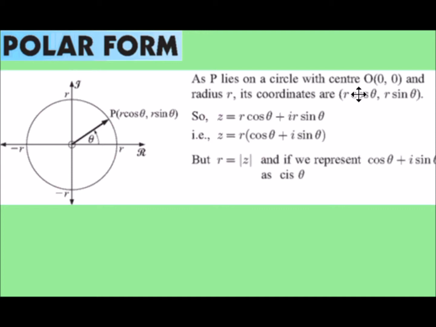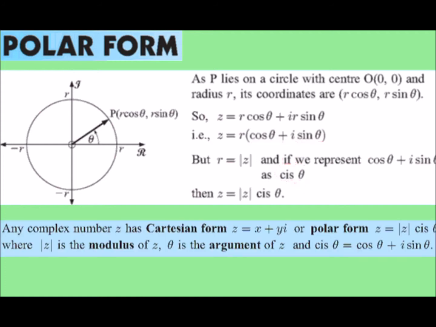So we can make a substitution there. The length of the complex number r is in fact mod z, and the expression cos theta plus i sine theta we can replace by the abbreviation cis theta. So we end up with our complex number being mod z times cis theta, and that's known as the polar form of a complex number.